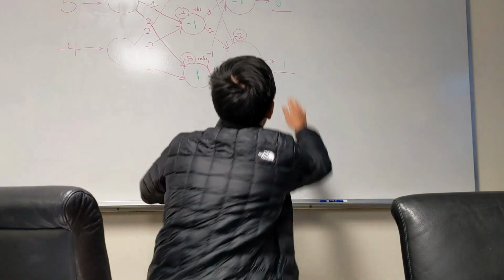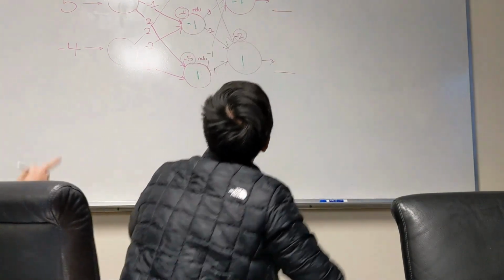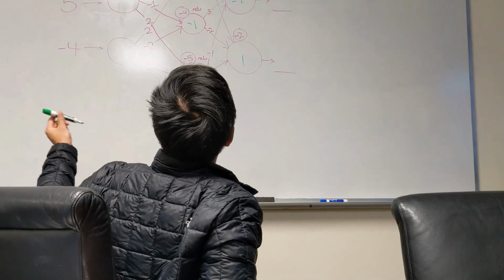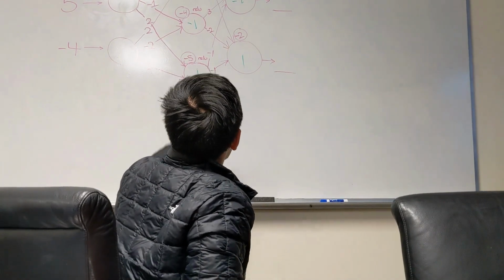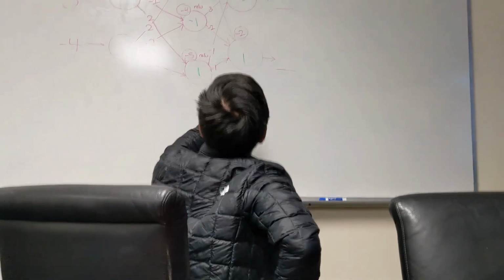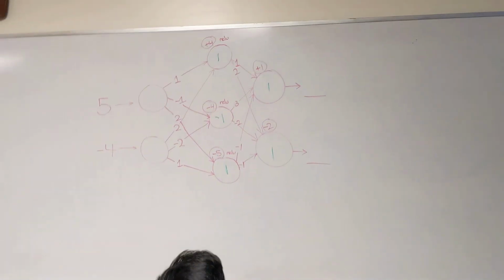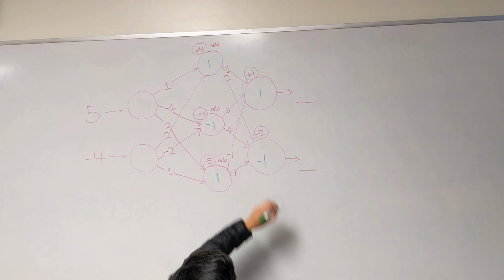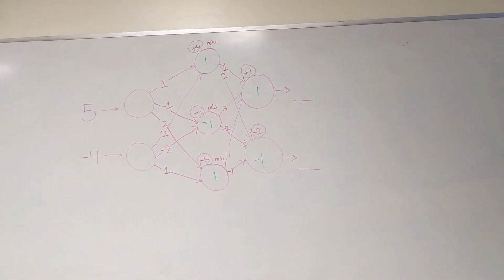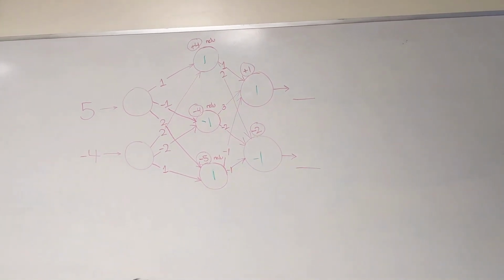Just add 3 to it. The -2 at the top node becomes 1. Subtract 3. And then the bottom one becomes -1, which we don't add 2. Oh, we forgot because of the activation function.